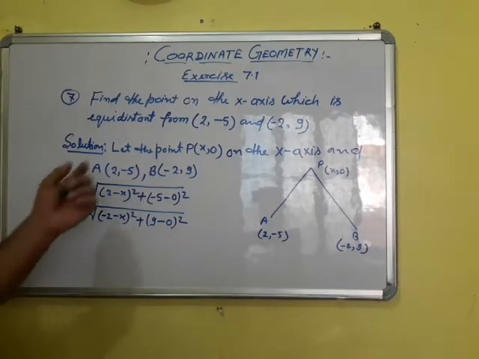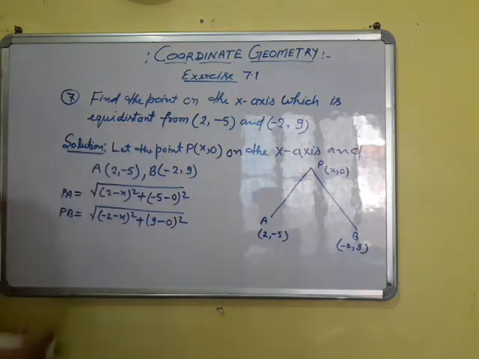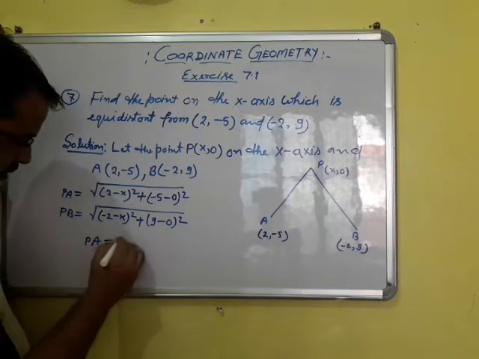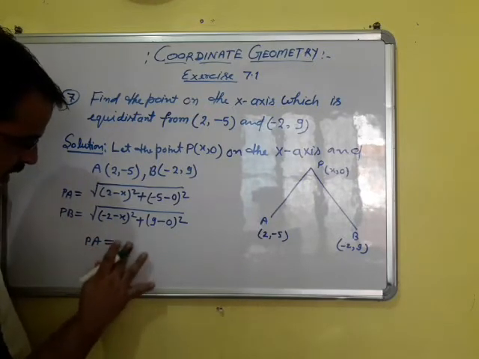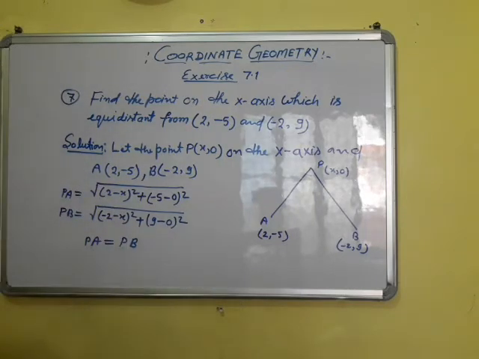According to the question, equidistant means PA is equal to PB.